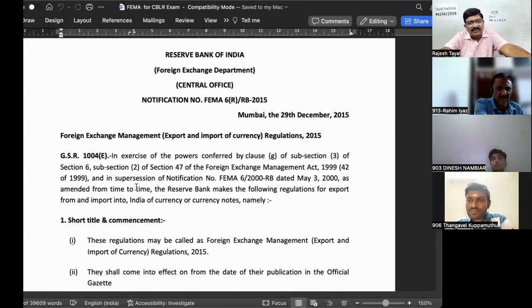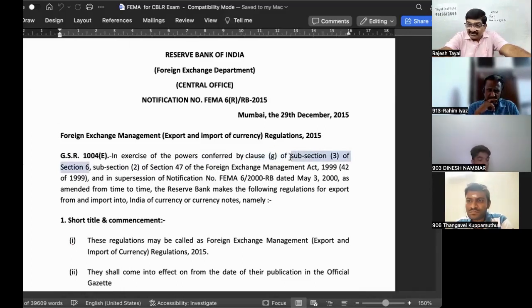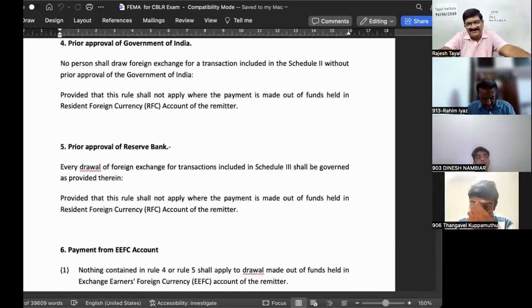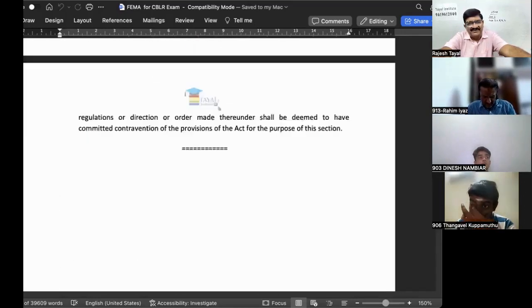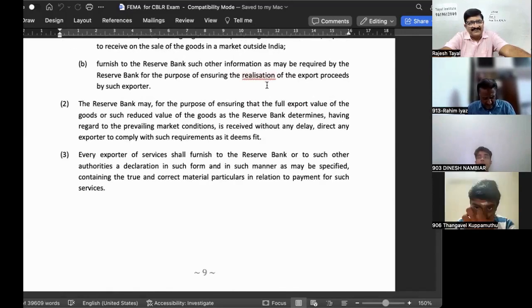Why I have brought it here? Because this is referring to section 6 subsection 3, and the fact is that section 6 subsection 3 has been omitted. As of today, there is no section 6 subsection 3. See here.